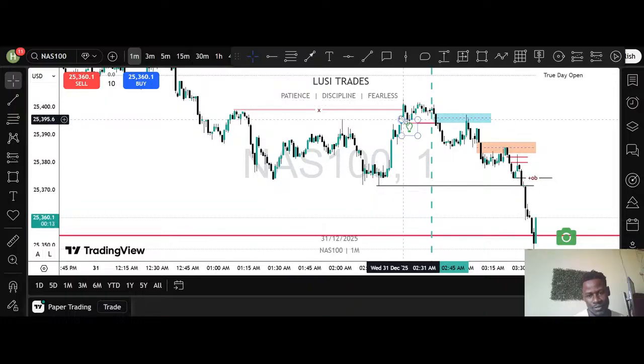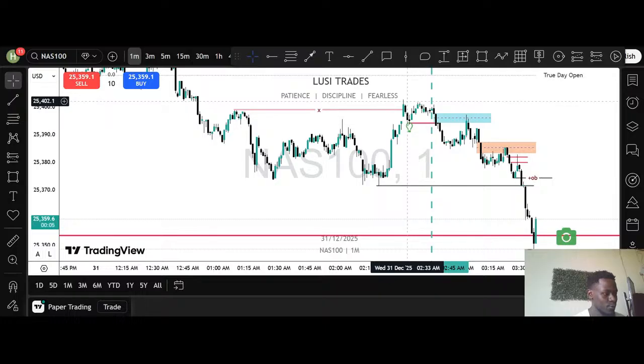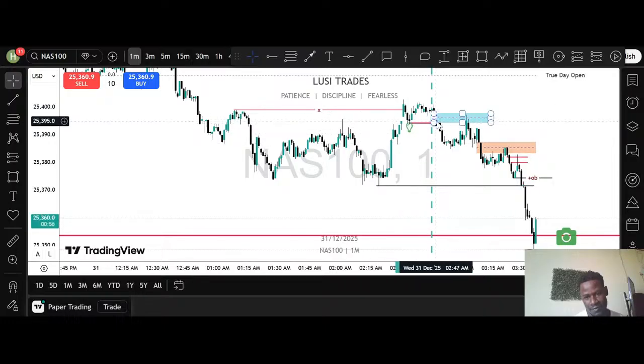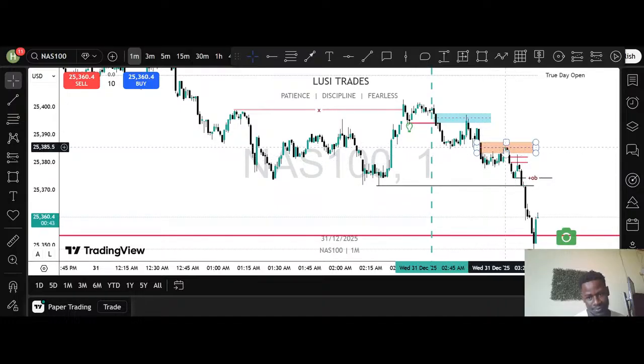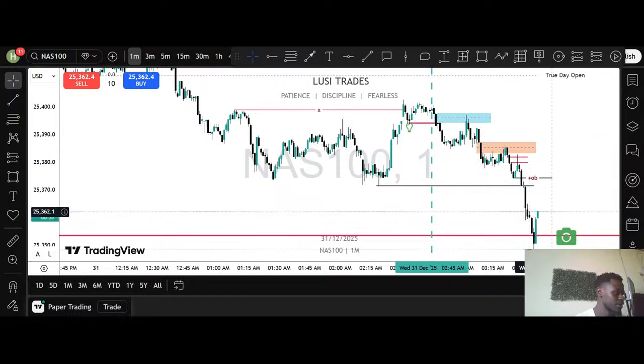Took it out, this fair value gap, created this low, failed to take out this high, at that 25 quadrant level. Then we traded and closed below this swing low with speed and distance, giving us a fair value gap. Return into that fair value gap, boom, sell off. Then another second entry, another form of accumulation, manipulation into this fair value gap, and then boom. So we fill the whole gap.